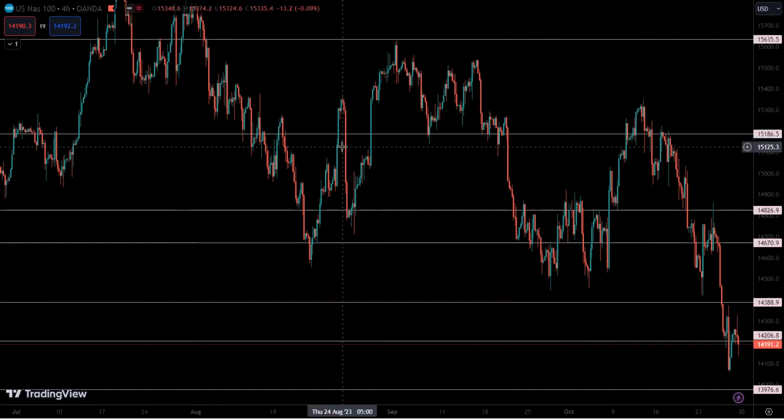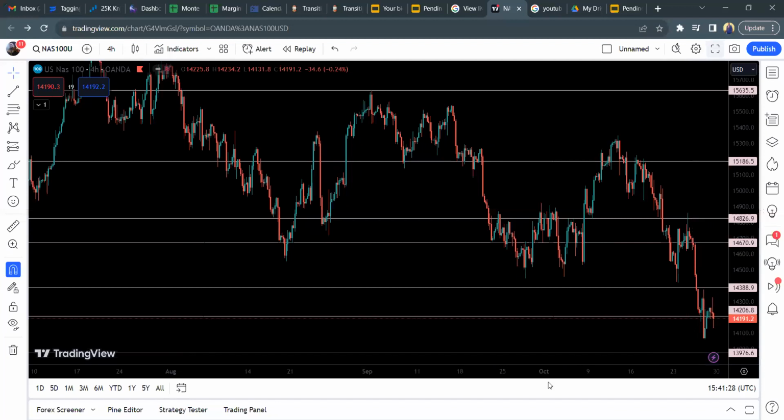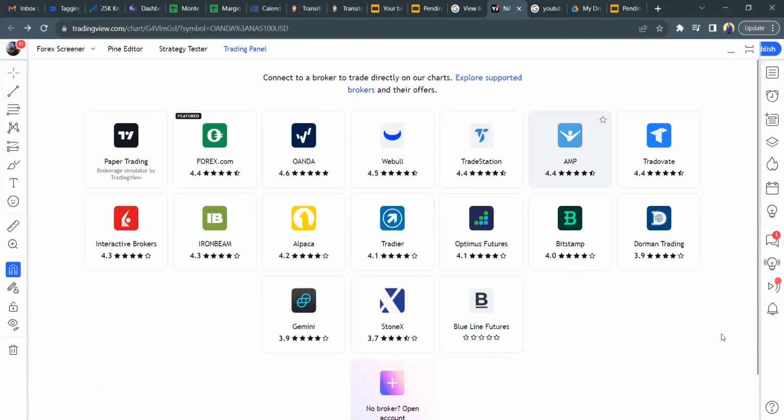So let me see. I think typically, okay, do you guys see these different brokers? Yeah, okay, perfect. So usually on that lower right-hand corner, all I did is I expanded it.